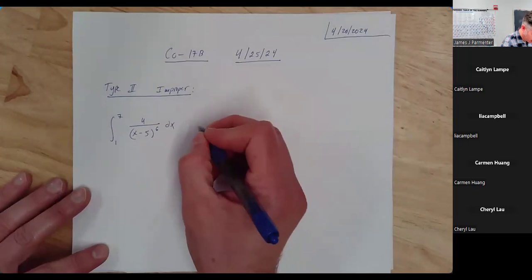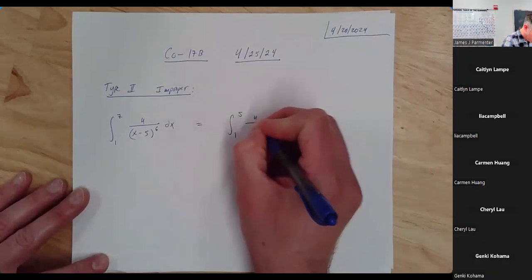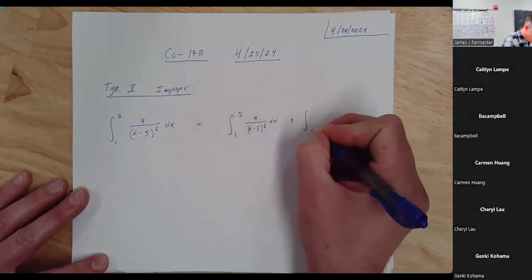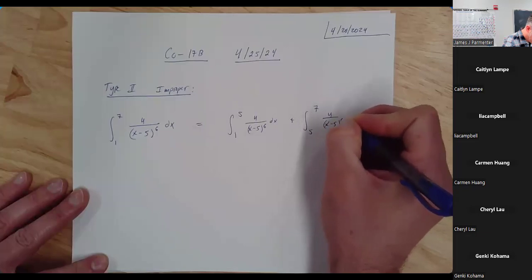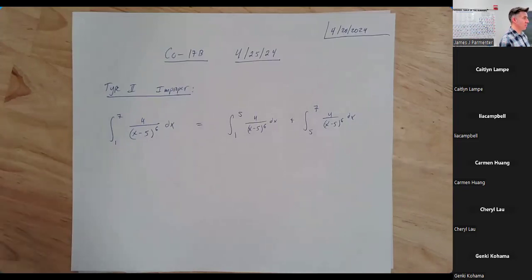So we're going to first break this up as the integral from 1 to 5 of 4 over (x minus 5) to the 6th, plus the integral from 5 to 7 of 4 over (x minus 5) to the 6th. Personally, I'm a fan of dealing with each of these one at a time, because if one of them diverges, you don't really have to deal with the other one. So I'm going to deal with the first one.